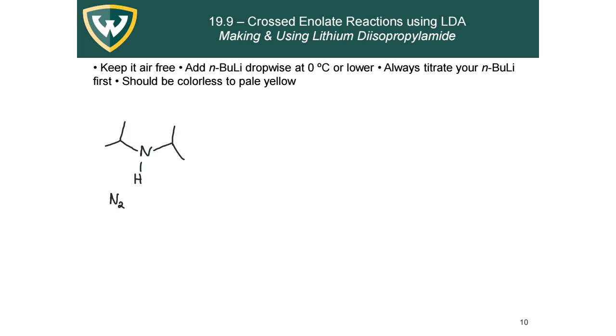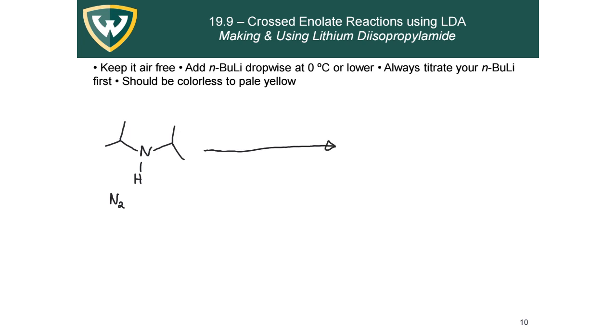Many of these bases are so strong that they'll react with the water in the atmosphere, or with the oxygen in the atmosphere. So you have to take great lengths to keep them away from reactive chemicals until you're ready to add those reactive species. Dinitrogen is an inert gas, and so you store many of these chemicals under dinitrogen to protect them from the side reactions that we'd like to avoid.